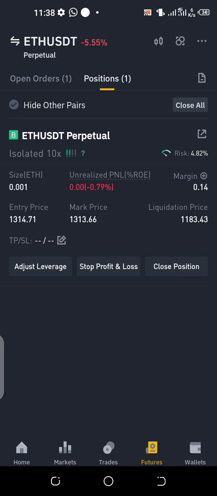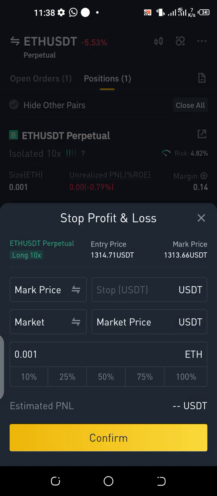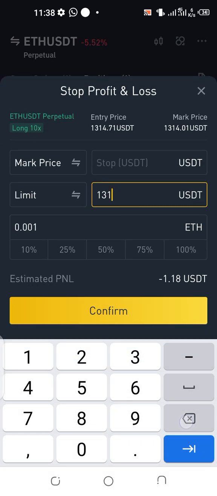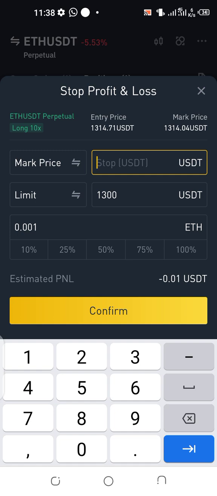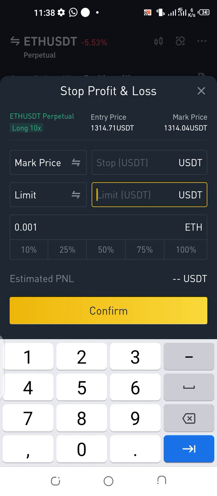On the other hand, I can put a stop profit or stop loss, or we'll call it take profit or stop loss too. Stop loss means in case it falls, I don't want it to fall too far, and so I'm going to place a sell order at a particular level so that if it falls to that level, it's going to sell automatically. So let's say I do not want it to fall below 1,300. So I place my limit price at 1,300.